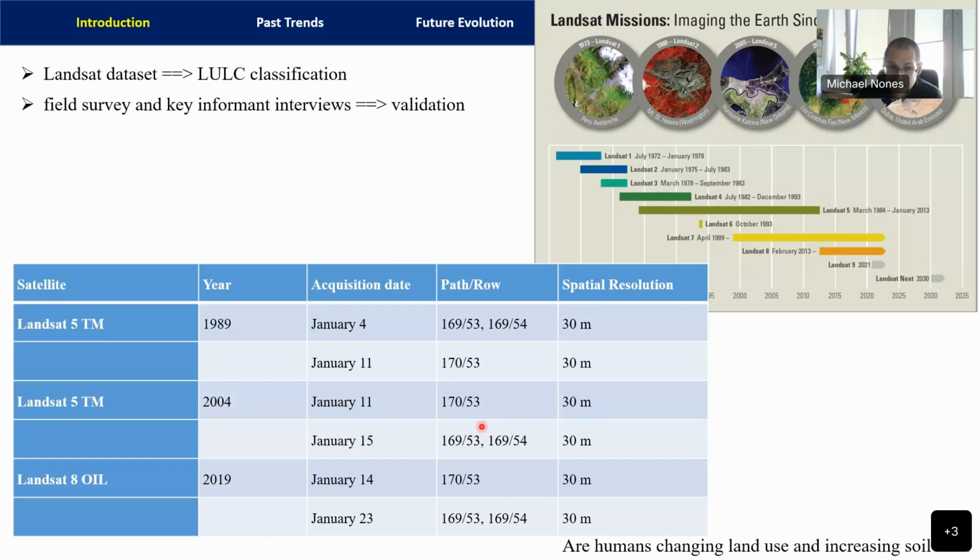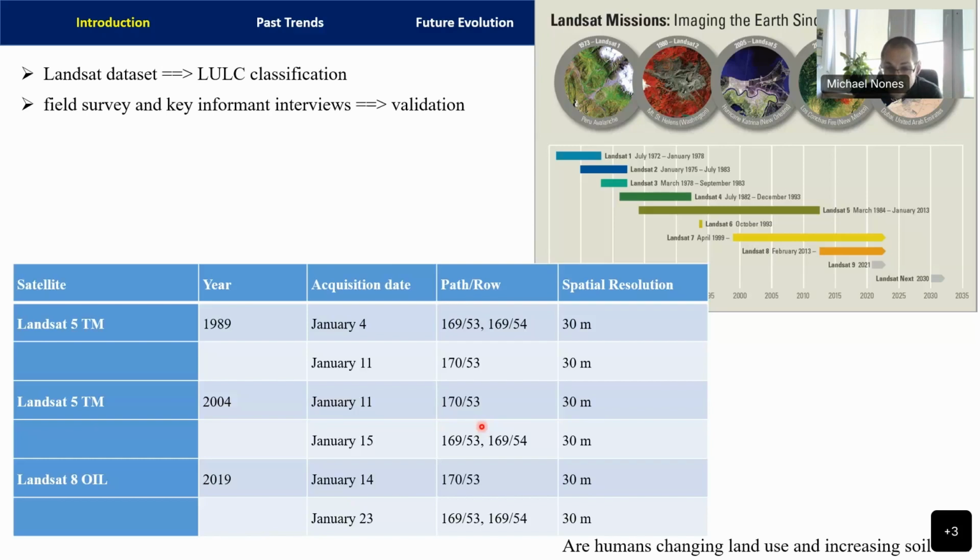As you can see here, they were acquired in January, so it's the dry condition. And then we analyzed past changes, looking at three different reference years: 89, 2004, and 2019. In this case, 2019 is considered the actual date.